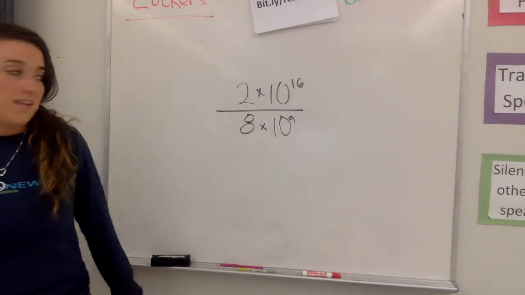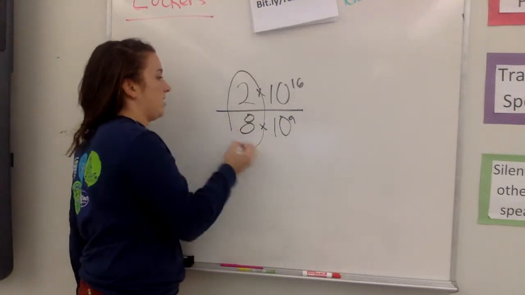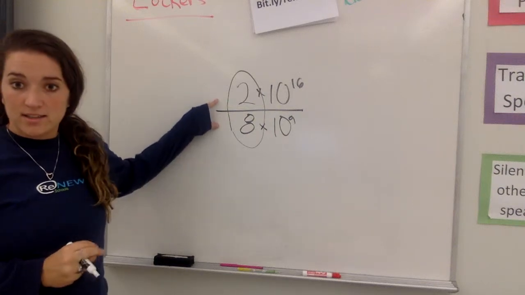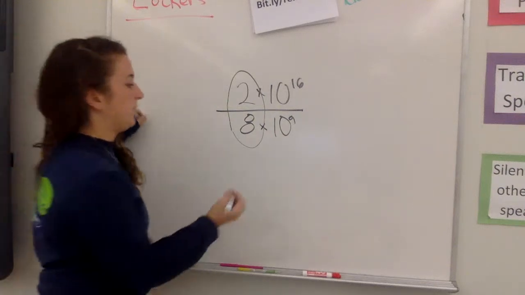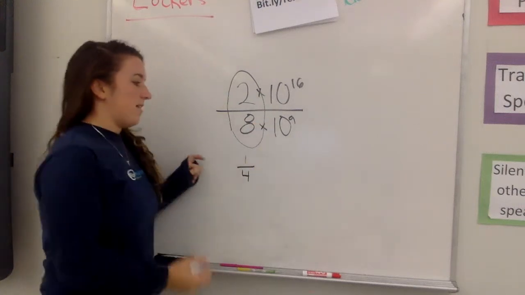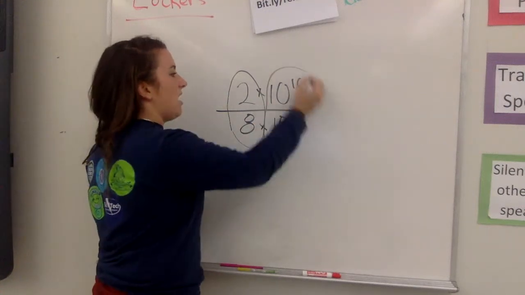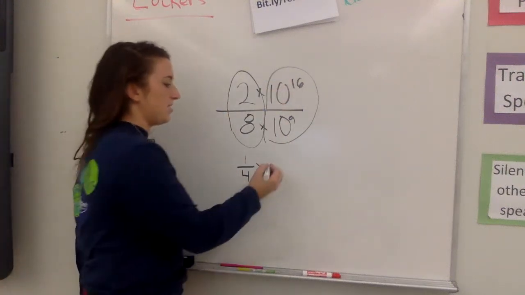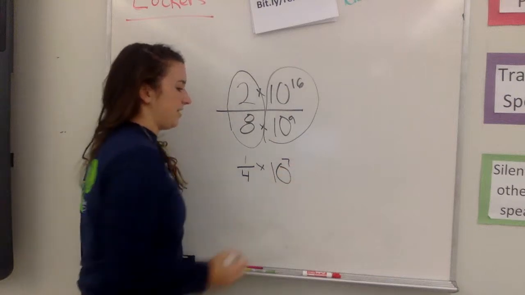When I'm dividing, I start by dividing my front numbers. 2 divided by 8 equals 4? Nope, it equals 1/4. So I'll have 1/4, and then for my tens, I'll have 16 minus 9. I need to subtract my exponents, which is 7.